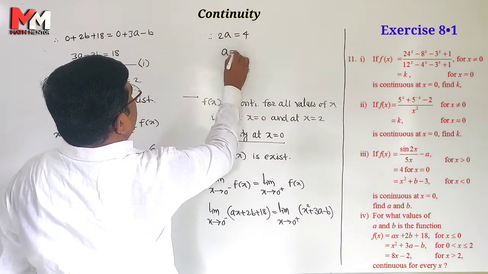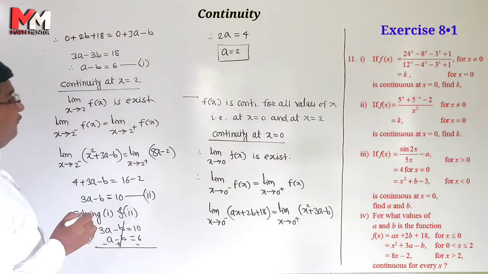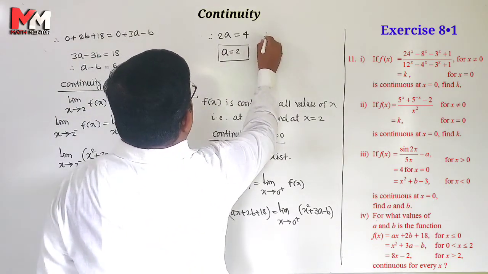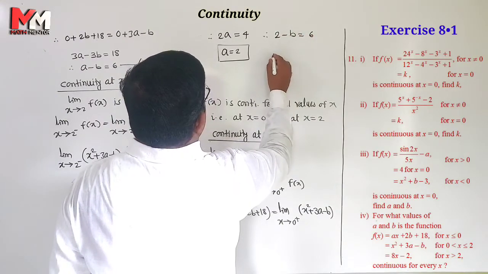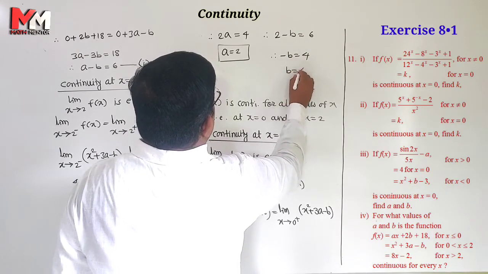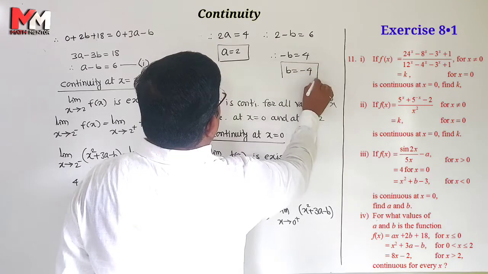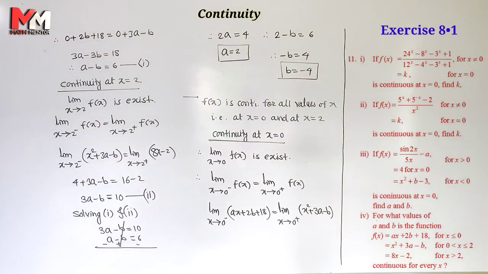So this gives a is equal to 2. Similarly, put a is equal to 2 here. So therefore 2 minus b is equal to 6. So minus b is equal to 4. So b is equal to what? Minus 4. So value of b is minus 4. Value of a is equal to 2.